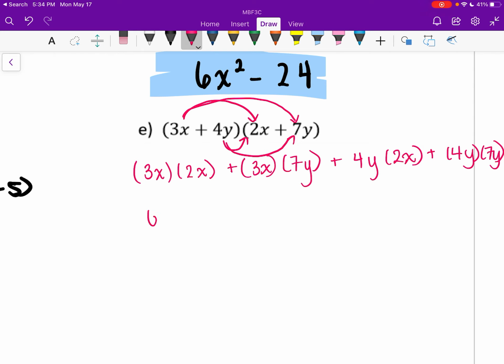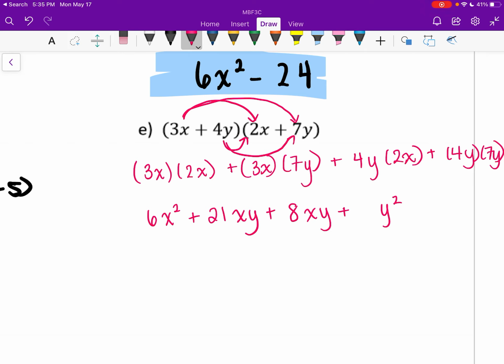3 times 2 is 6, x times x is x squared, plus 3 times 7 is 21. X times y, because they're not like terms per se, you would just leave it as xy. Right? And then you have 4y times 2x, so 4 times 2 is 8. Y times x is just xy. Plus 4y times y is y squared.